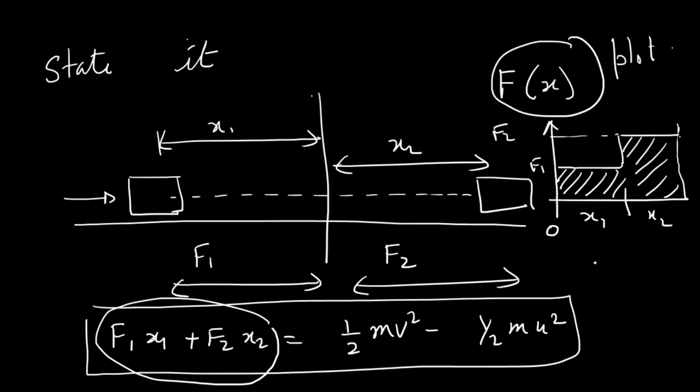Okay, so now I'm going to state the work energy theorem for a straight line motion, and what we're going to say is that the work is equal to final kinetic energy minus the initial kinetic energy.